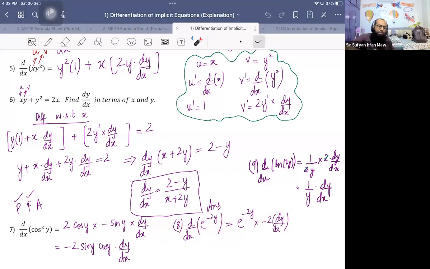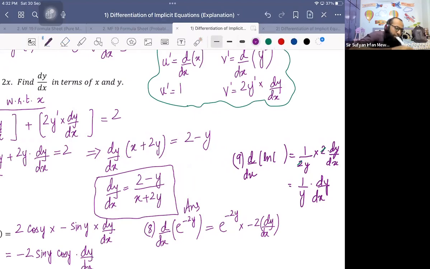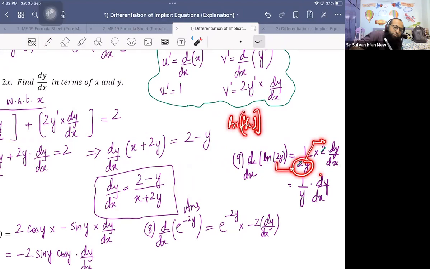Then I've made another example, ln 2y. Then ln 2y means differentiate ln of a function. The differentiation of ln function is the function comes in the denominator and the differentiation of the function comes in the numerator. If you remember the rule, I told you the rule. ln f(x) when differentiated gives you f prime x upon f(x).